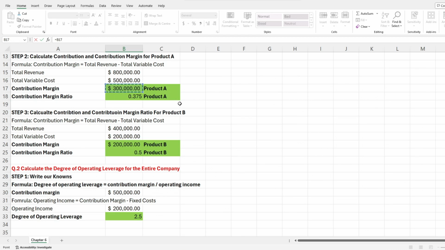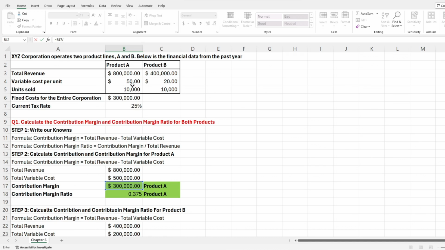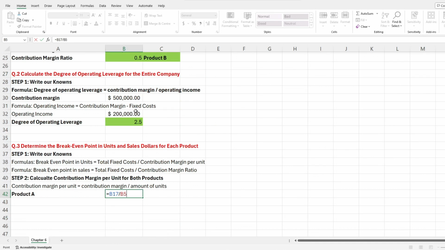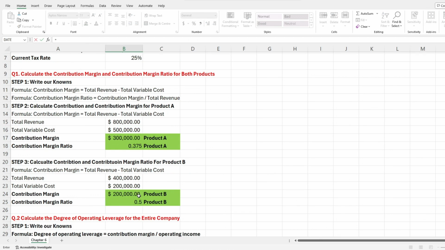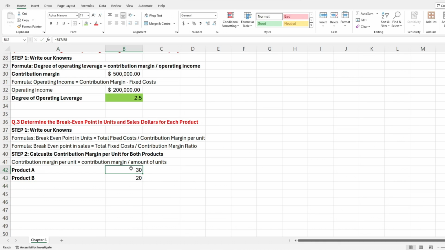So 300,000 divided by, so you can put a slash for divide, and then you go back to the question that they gave us, 10,000 units. So that gives us 30 contribution margin per unit. And then we'll find for product B, contribution margin, 200,000, put a slash for divide, and then units sold. All right.